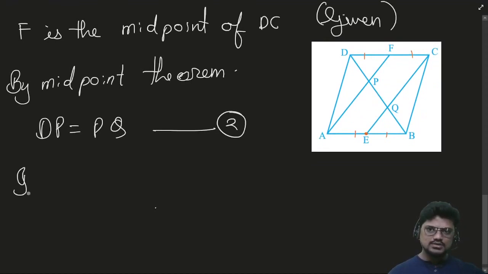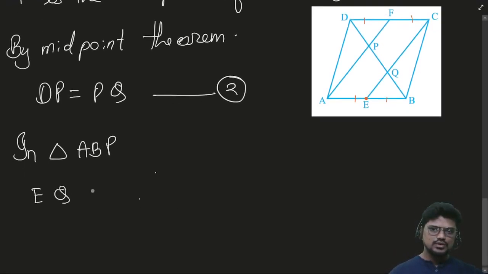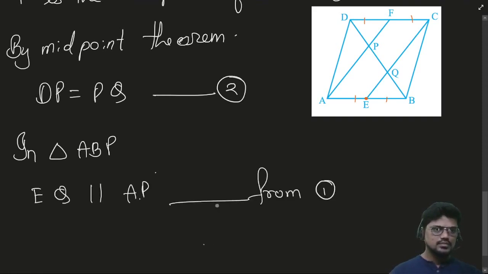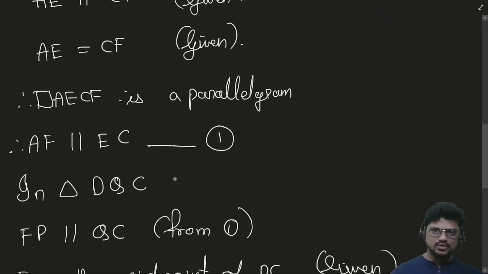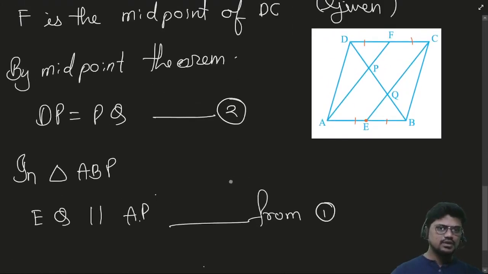Now in triangle ABP, EQ is parallel to AP from 1. AE is parallel to EC, that's why AP will be parallel to EQ, yes or no?